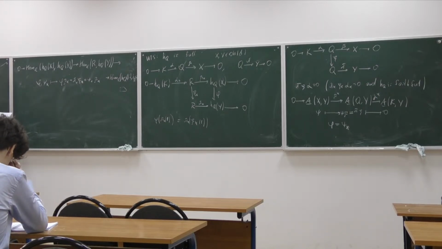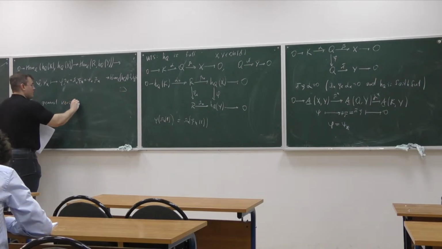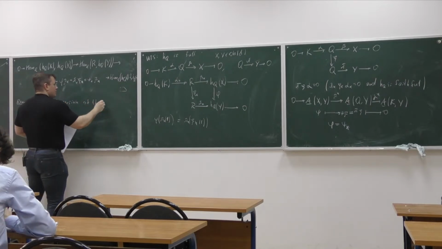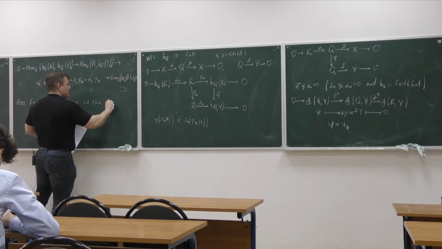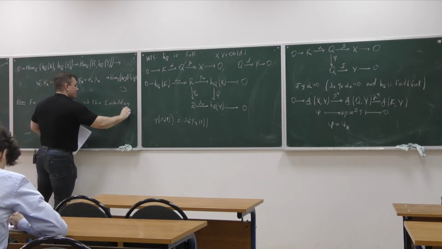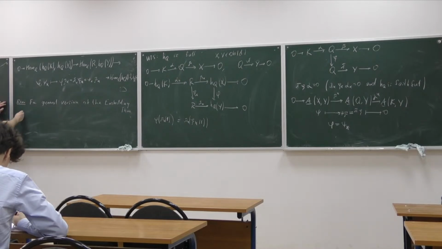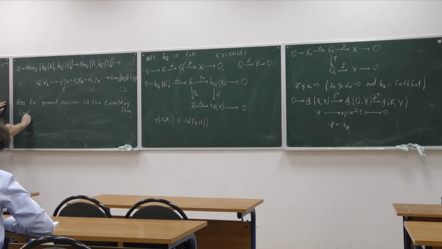Okay. So remark. For the general version of the embedding theorem, you need to prove several other things. First of all, you consider left exact functors from A to abelian groups.